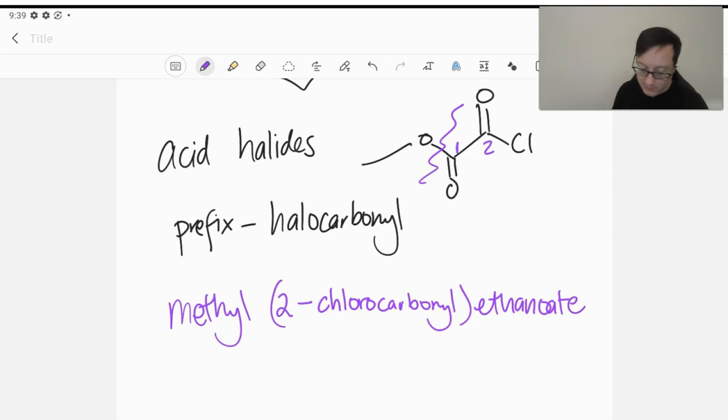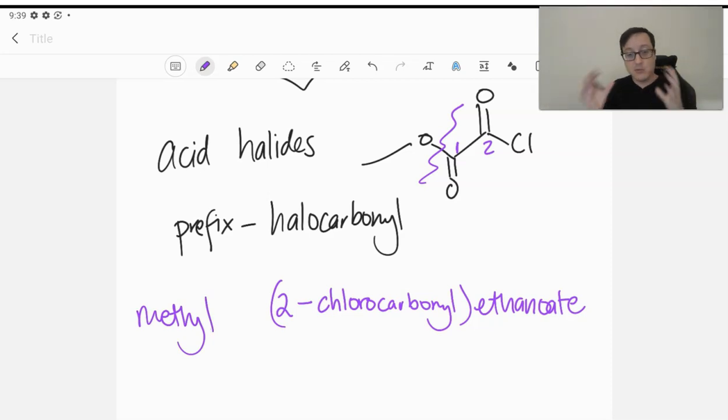So methyl, space, and I'll make that space really obvious, space, parentheses 2-chlorocarbonyl, ethanoate. Pain in the butt. But, okay, yeah.